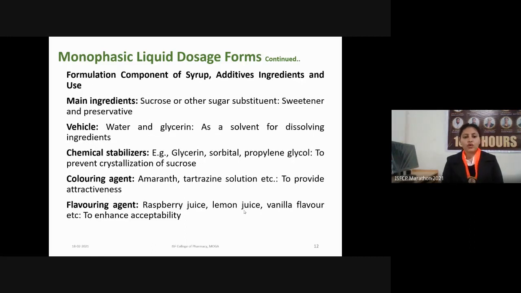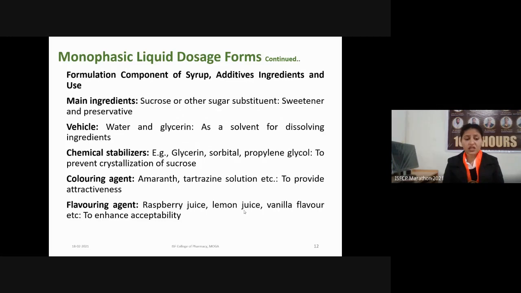Now, next is the formulation component of the syrup: additives, ingredients, and the uses of the syrup. The main ingredient that we use in the preparation of the syrup is sucrose, and other substitutes of sugar can also be used. Usually we use sucrose, but we can also use other sugar substitutes, sweeteners and preservatives.